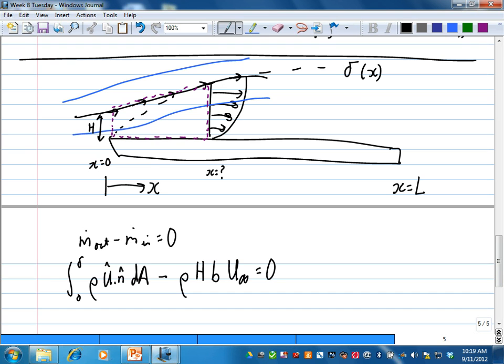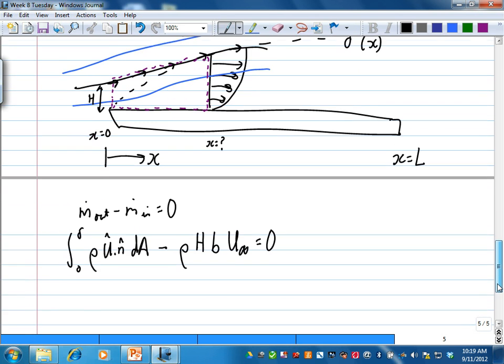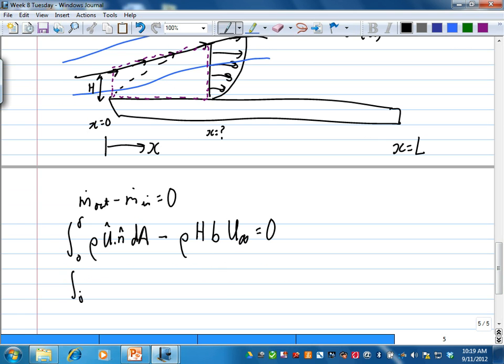Coming in is uniform flow, going out is non-uniform flow. To simplify, the integral from 0 to del of rho u, which is a function of y, b dy, minus rho h b u infinity equals 0. That's equation number 1.